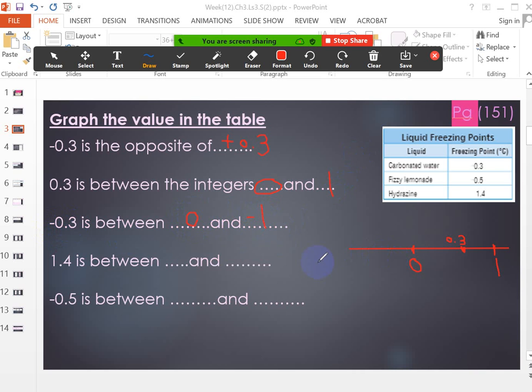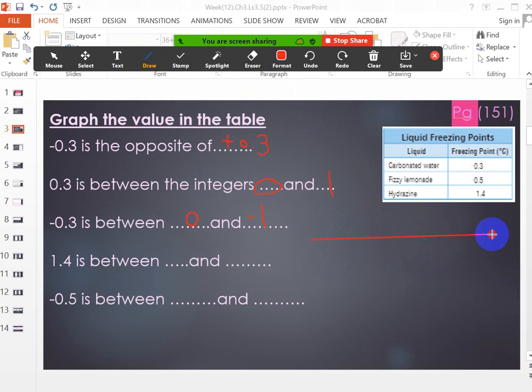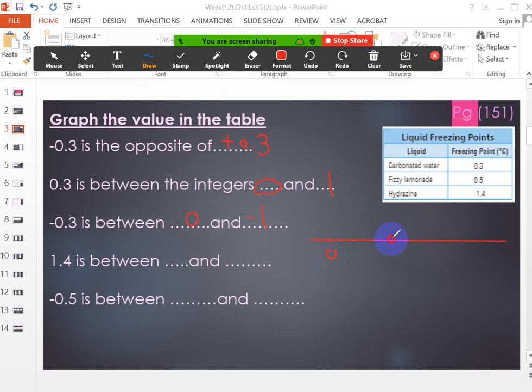What about 1.4? That means I have a whole and a decimal number. As an example, 1.4 will be between the whole 1 and the other integer, 2.